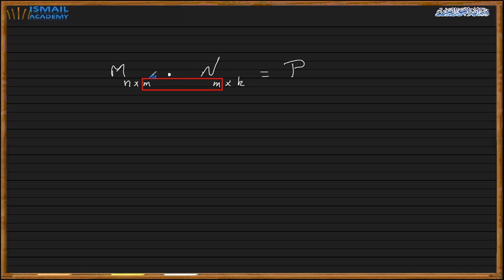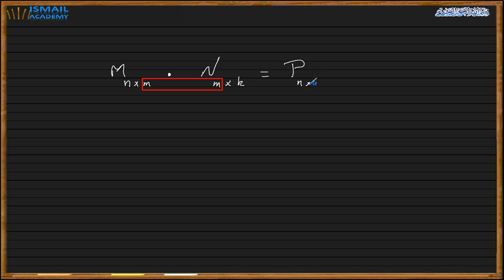You see, if those two are equal, just cancel those two, and the number of rows of the first matrix and the number of columns of the second matrix are the dimension of the matrix product.